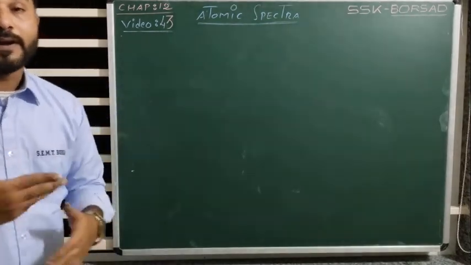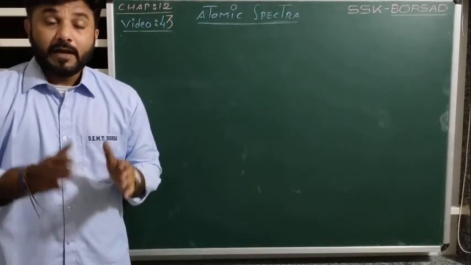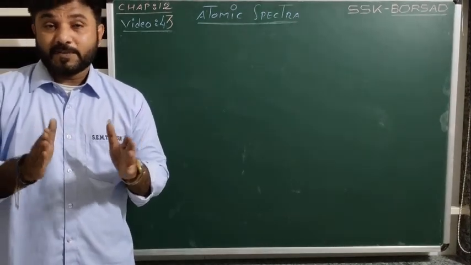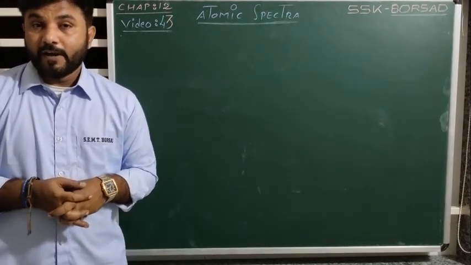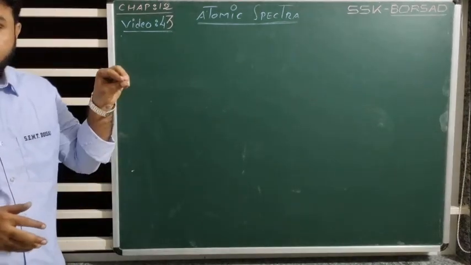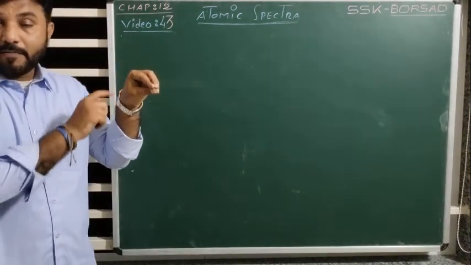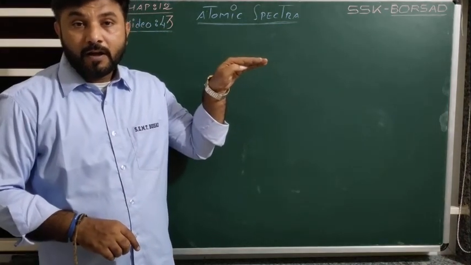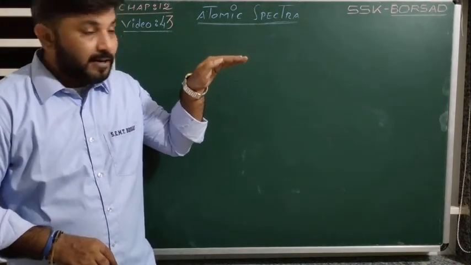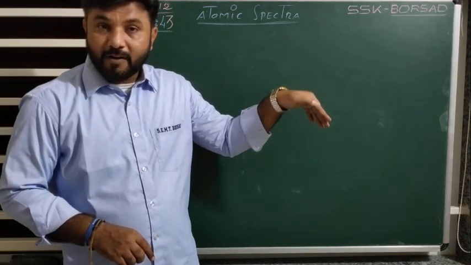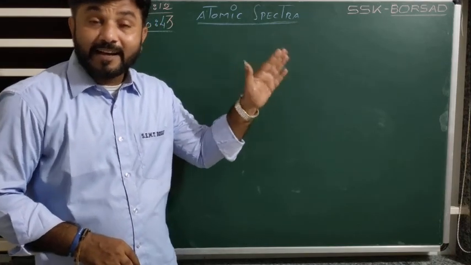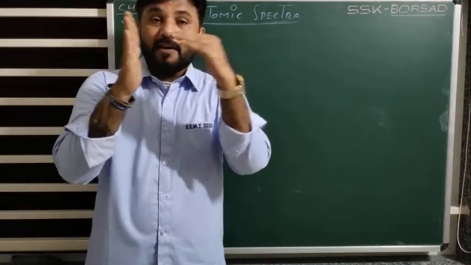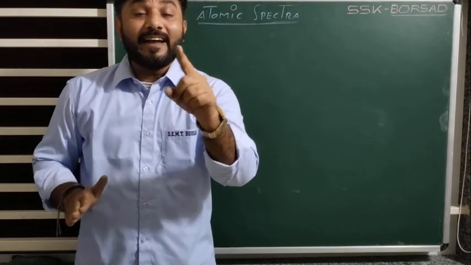What is atomic spectra? In that GM experiment, we have seen one bismuth. It is excited by some energy, a narrow beam of alpha. When alpha is incident on gold, there is a scattering of alpha, and the scattered alpha particle may strike that ZnS screen.